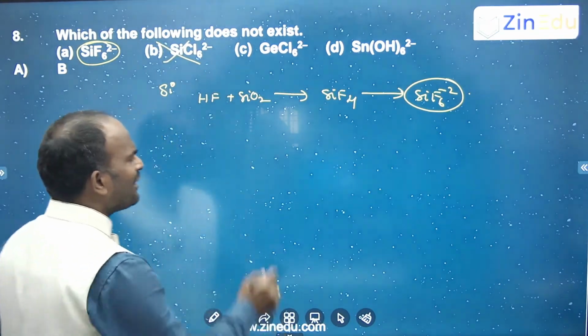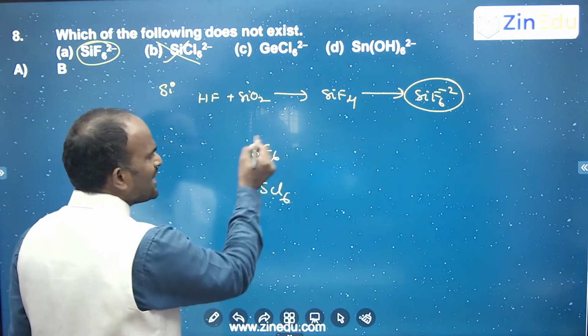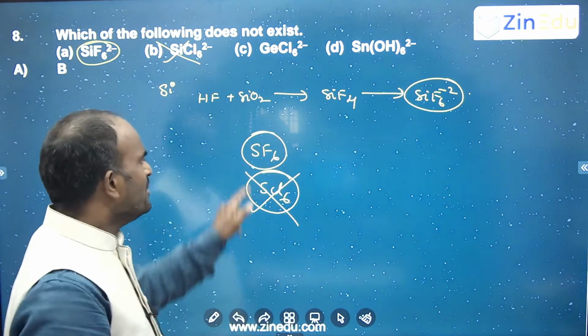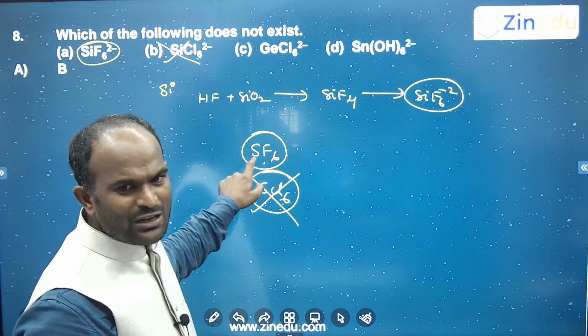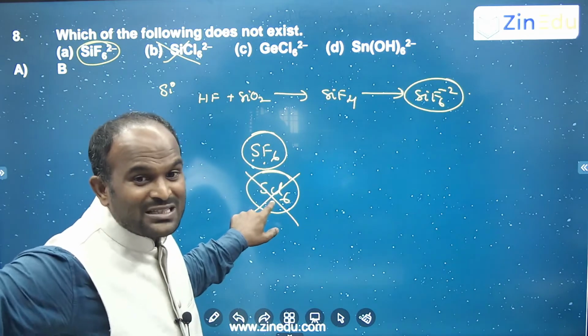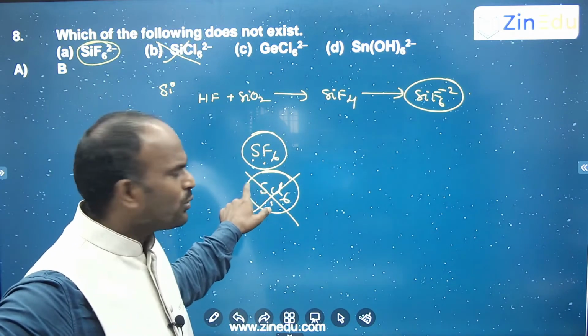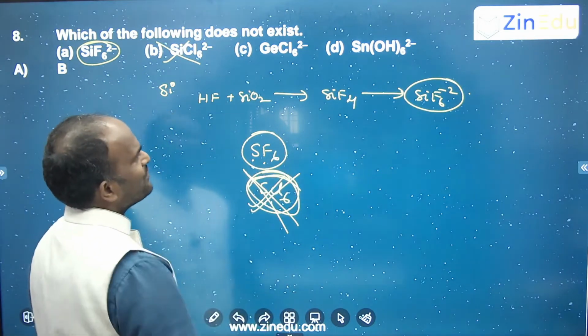A similar case is SF6 and SCl6. SF6 can be formed, SCl6 does not form because of the same reason. Six small fluorines can surround one sulfur, but 6 chlorines cannot. So SCl6 does not exist, SF6 can exist.